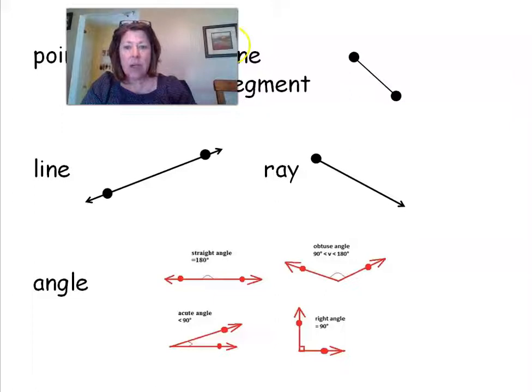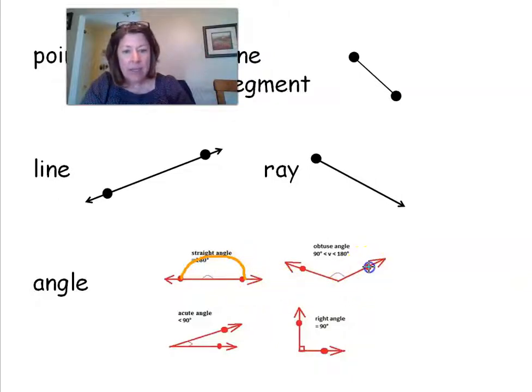Angles kind of form a circle, or they measure. So when I talk about this angle, I'm talking about how far am I traveling from here to here, and that would be 180 degrees. That's half of a circle.